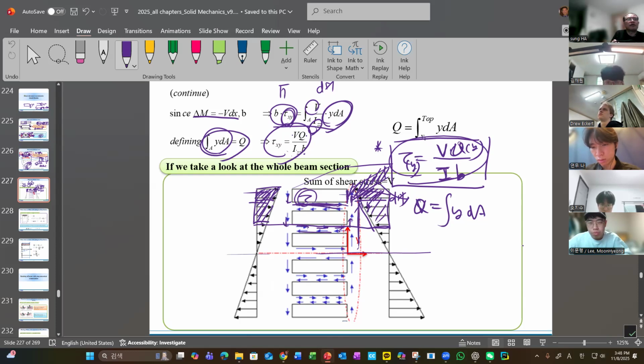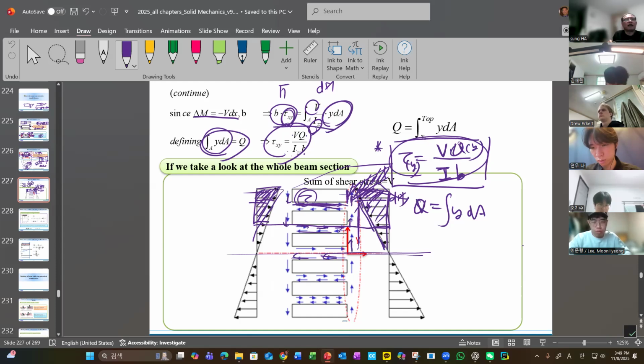So if this is a neutral axis, this is the whole stress, and on the right-hand side and the left-hand side, there is a difference, and that's the amount of shear stress that will be caused to make the equilibrium, and this stress will be the same as this one.